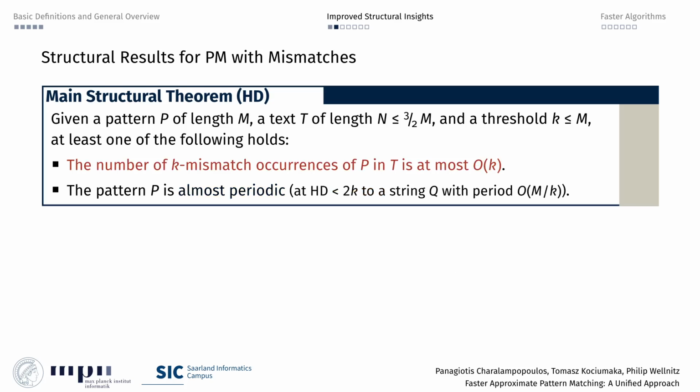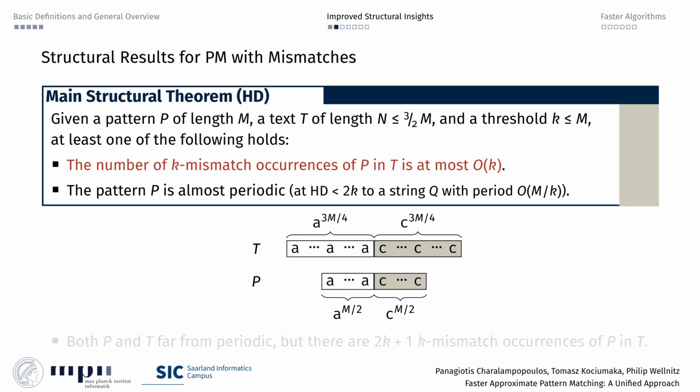First, consider the non-periodic case. Take a look at this example. Both T and P consist of a long part of A's followed by a long part of C's. So both T and P are far from periodic.